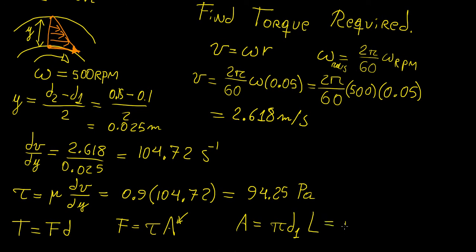So let's see what that gives us. We're going to have pi times 0.1. And then the total length of the shaft is 0.3 meters if we convert it. And this is going to be equal to 0.03 pi. I'm just going to leave the pi there just to make it more accurate. So this is going to be in meters squared.